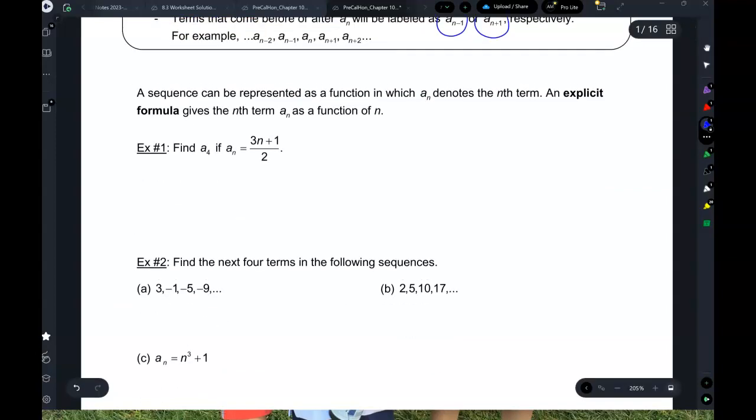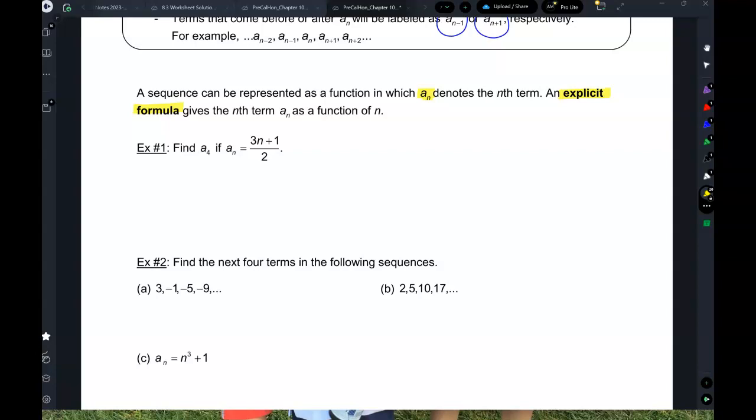A sequence can be represented as a function in which a sub n denotes the nth term. You can come up with an explicit formula that gives the nth term. With the explicit formula, you can generate all of the numbers in your sequence: the first, second, third, and so on.